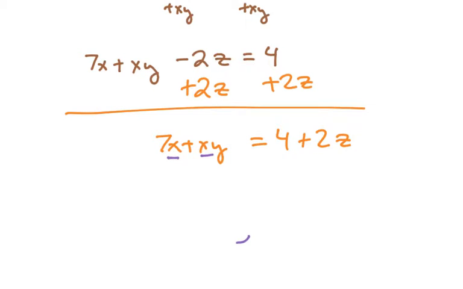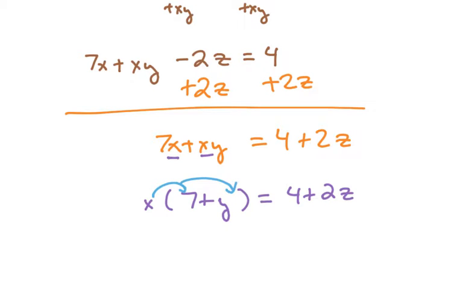We can factor an x out. Okay, and what do I mean when I say I can factor an x out? This is an extremely important move that's new. Okay, all I'm doing is reverse distribution. So notice that if I distribute, x times 7, that's 7x, x times y is xy.